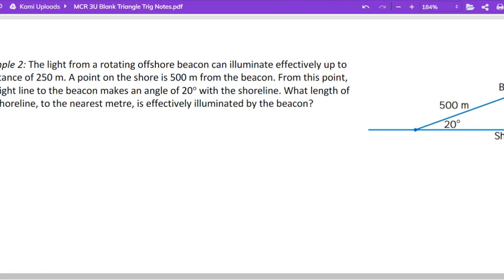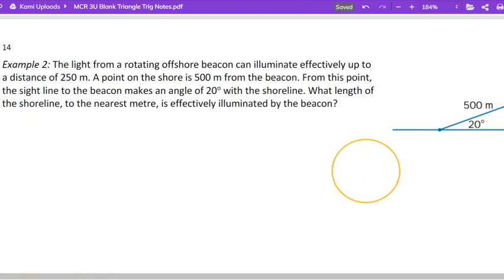And that light that it sends out goes as far as 250 meters. So watch this. I'm going to show you this light.